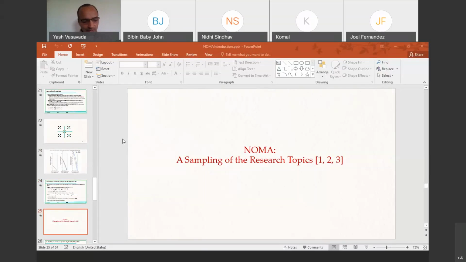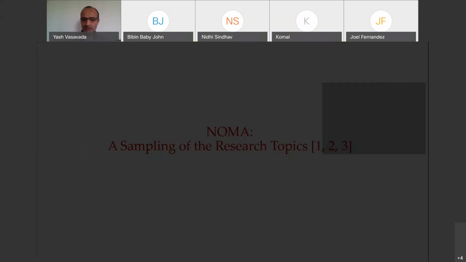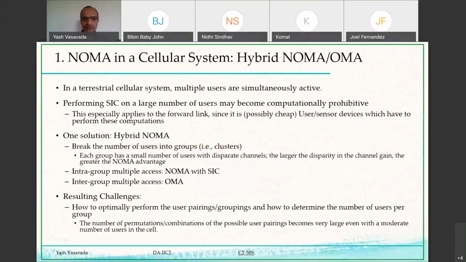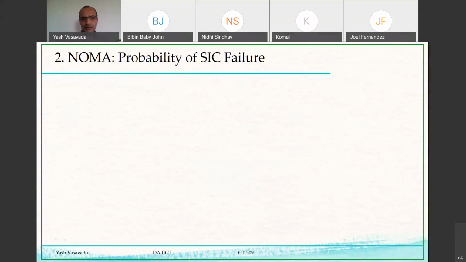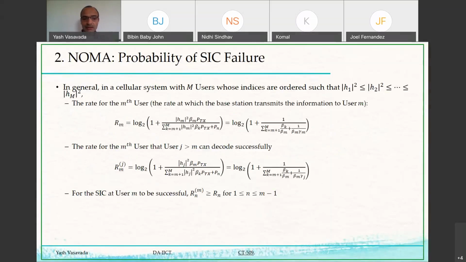We saw why NOMA is motivated not only on the return link but also on the forward link. And then we saw several different research areas of NOMA. We looked at hybrid NOMA, successive interference cancellation that is leveraged in NOMA, and how it can fail.